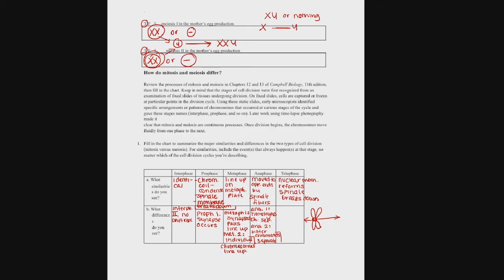And then the only difference in telophase is that chromosomes don't uncoil during telophase 1 of meiosis because they have to go through another round.